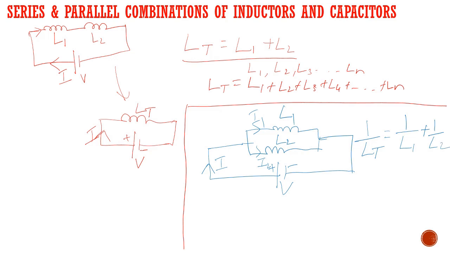We have L1 and L2 only, so 1 by LT is equal to 1 by L1 plus 1 by L2, and the equivalent circuit will become like this.